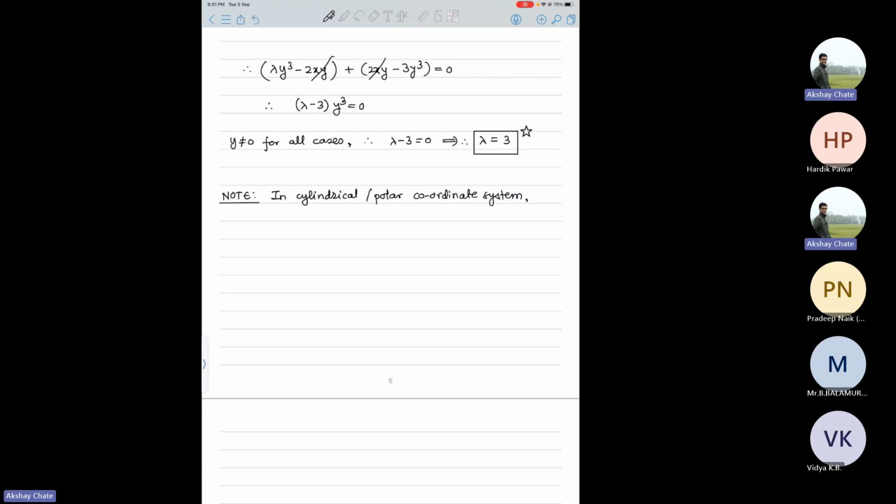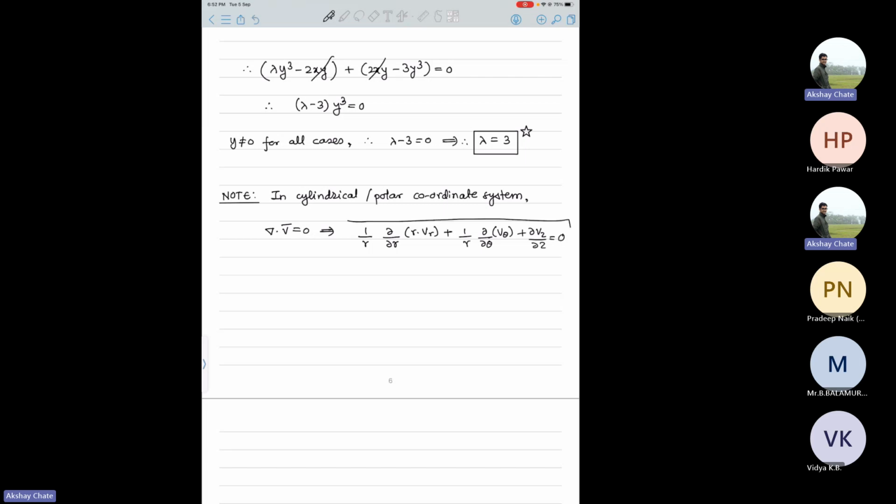In this case, the continuity equation remains the same, but since your x, y, z is now replaced with r, theta, and z, it takes this form: 1 by r, del by del r of r into vr, plus again 1 by r, del by del theta of v theta, plus del vz by del z equal to 0.